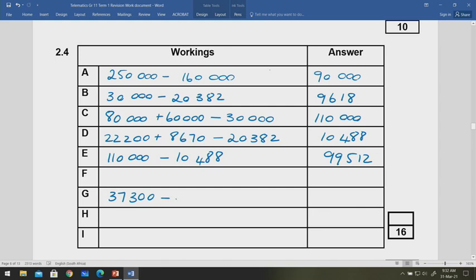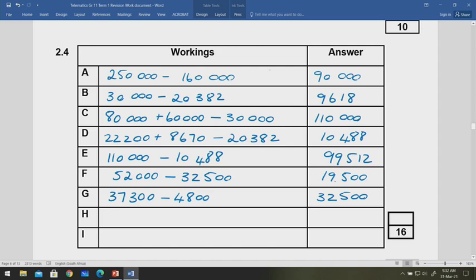During the year, we wrote off depreciation of 4,800, so the depreciation at the beginning must have been 32,500. And now it's easy to calculate F, because it's the cost price given, 52,000, minus the one that we just calculated, 32,500, and that will give you the carrying value at the beginning, 19,500.